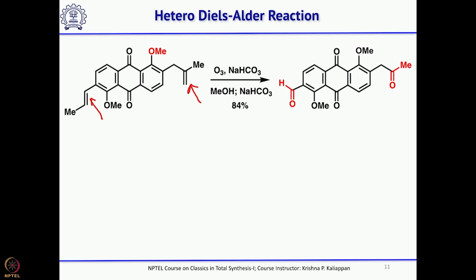So what needs to be done is one has to do a hetero-Diels-Alder reaction on the aldehyde on the left hand side, and then one has to add the CH2CO2Me through Reformatsky type reaction.